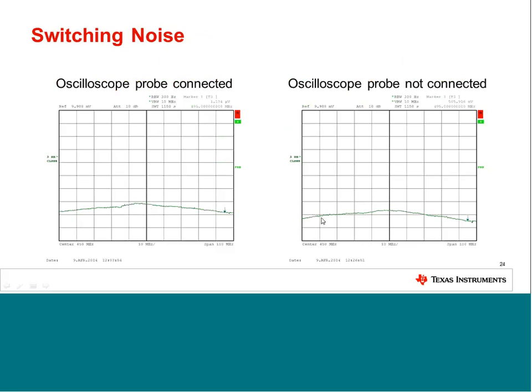And when you look at this curve, this is just the same circuit, same operating condition, and the oscilloscope probe removed. You see a significant change here. This basically tells you that you have changed your circuit by measuring it, and your circuit is better when you're not measuring anything in this circuit.